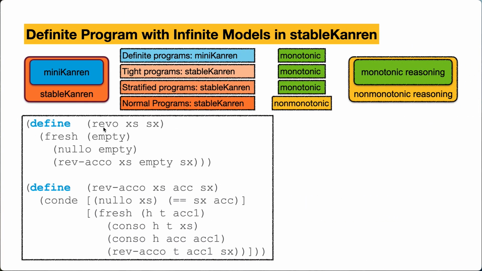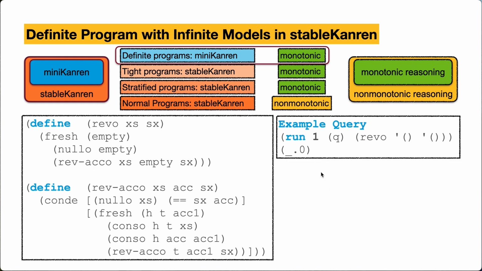Here we are still using the same reversal example to see if these two lists are reversed to each other. This is the miniKanren version. See here, we only use define, and it belongs to definite programs. It's monotonic. So if we run this query using miniKanren's run interface, it will give us a result saying, okay, it's true.